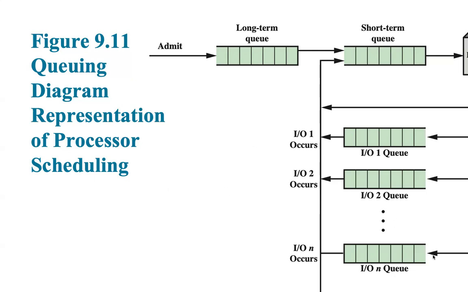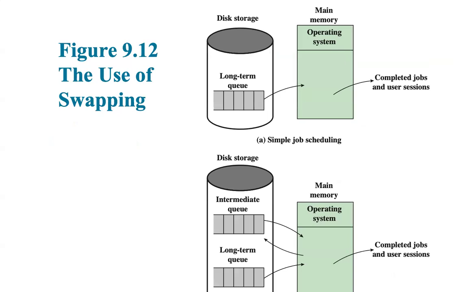So this is it getting loaded specifically into our resources. Here we have the use of swapping. You can look over that a little bit more, but I won't dwell on this too much here.